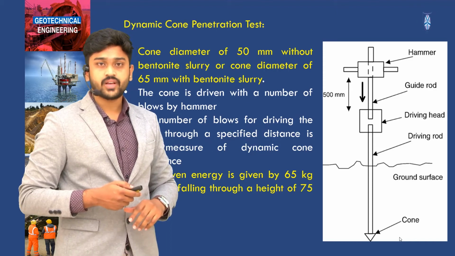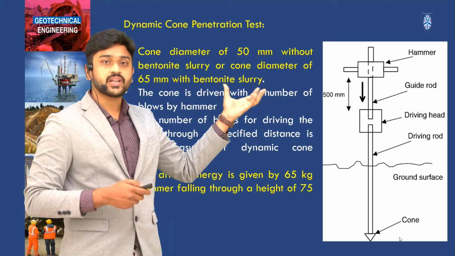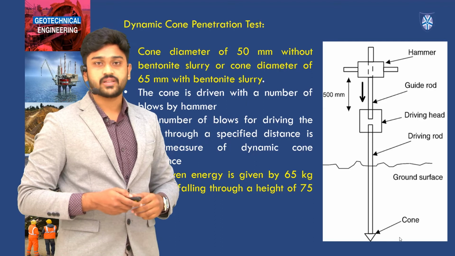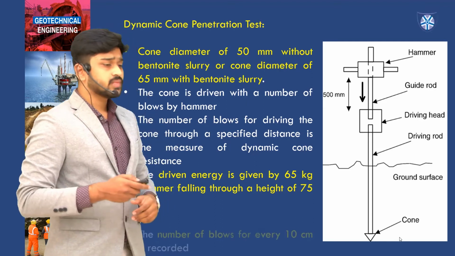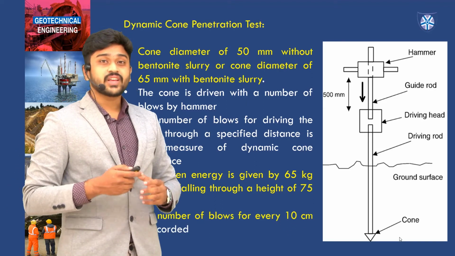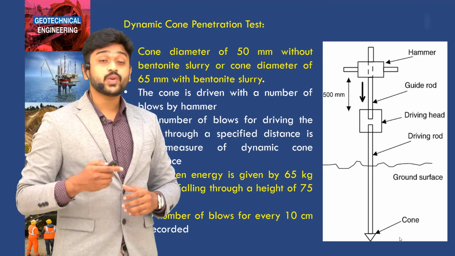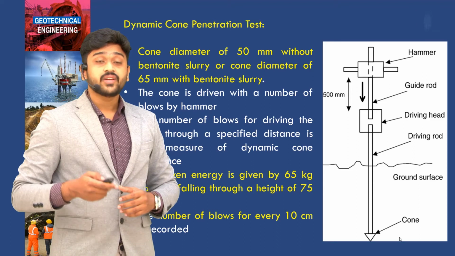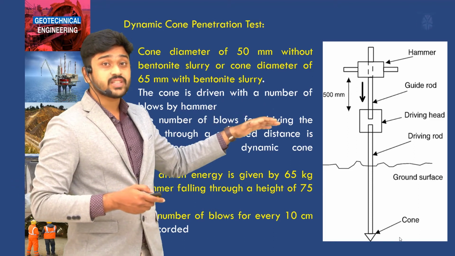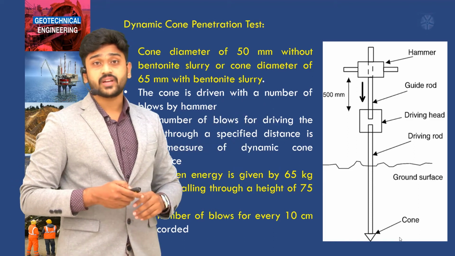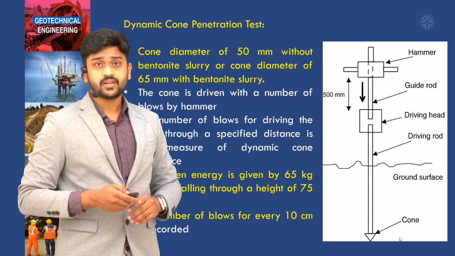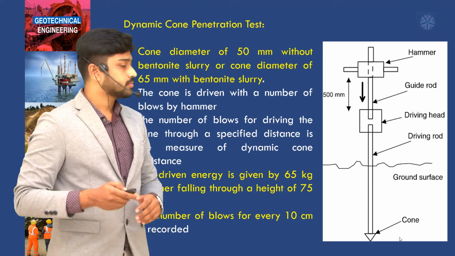The weight of this hammer is 65 kg. The number of blows given might vary depending upon the type of soil, but we need to record the number of blows at every 10 centimeter interval in general. Clear?